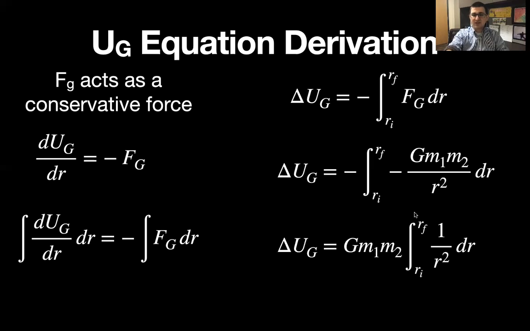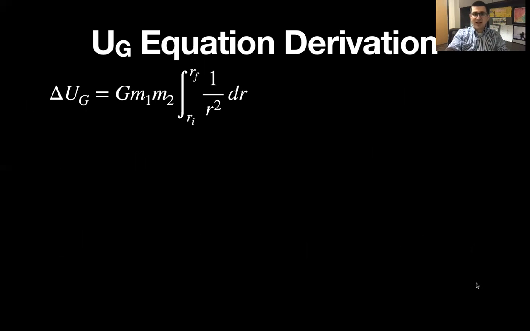Next, I can factor out the constants, the things that aren't changing with respect to r, the distance between the two centers of mass. My negative and negative give a positive, and the rest are constants. Then I integrate 1 over r squared from my starting to my ending distance between the centers of mass.